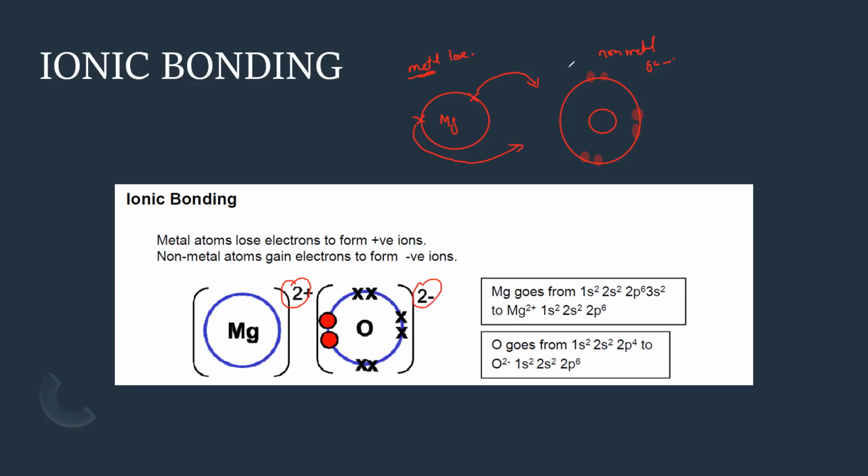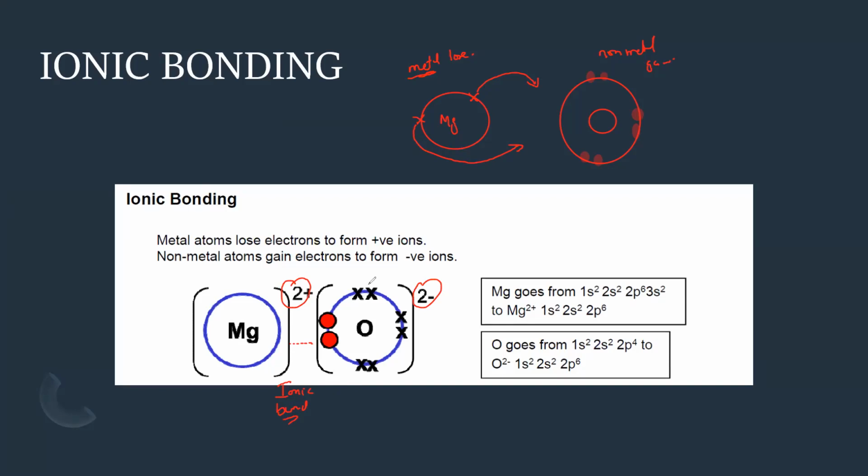The attraction between the positive and negative ion is known as an ionic bond. So the bond which is formed between a metal and a non-metal by a complete transfer of electrons, as the metal loses all of its valence shell electrons and the non-metal gains electrons to complete its octet.